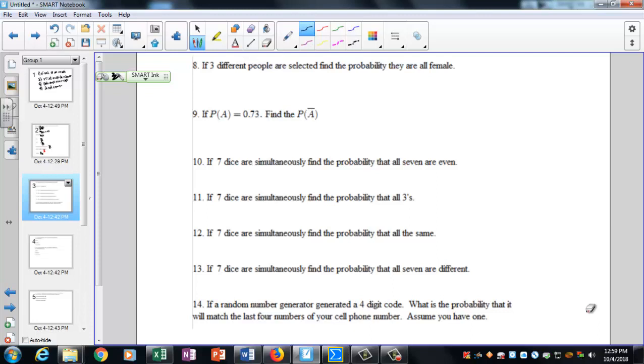26 out of 50, right? There's 26 females. So the probability that I select 3 people who are all female is going to be 26 out of 50 times 25 out of 49 times 24 out of 48.